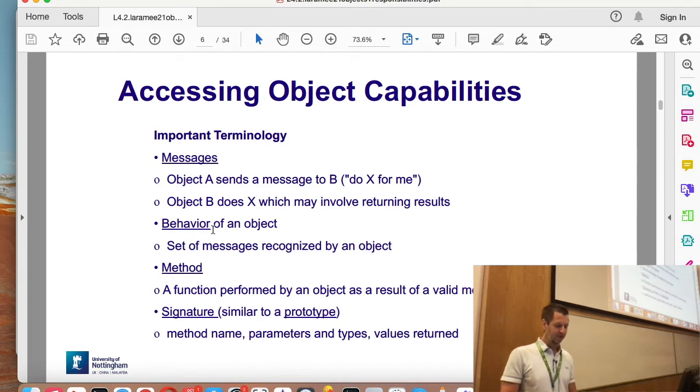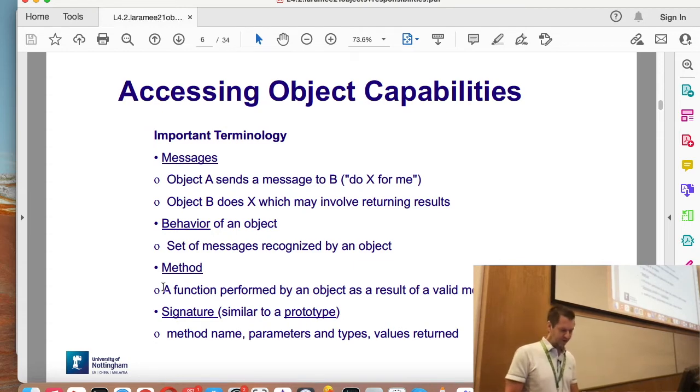The behavior of an object, you hear this term a lot. It's the set of messages recognized by an object, or the methods inside of an object. That's the behavior of that object. You could hear that in a job interview, maybe.